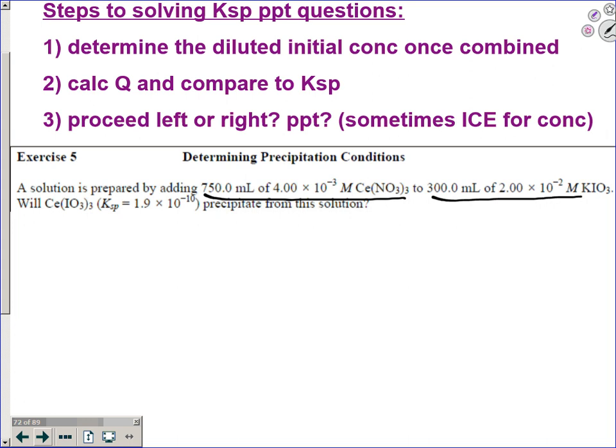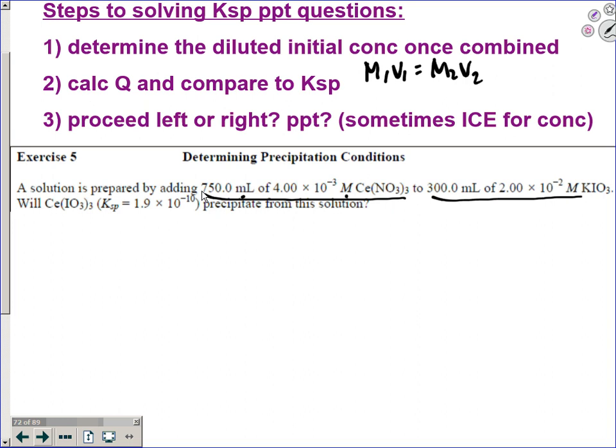What comes to mind? Essentially the dilution equation, but we're not going to run M1 V1 equals M2 V2. We're going to kind of modify that. What are you essentially solving for to get the new concentration? Probably M2. So you're just going to multiply molarity times volume. Well, what does molarity times volume always get us?